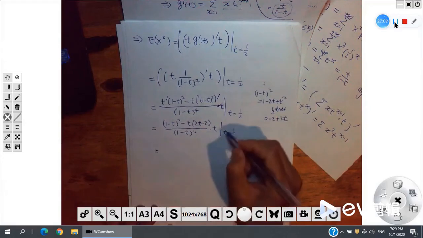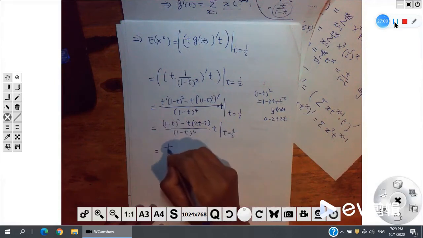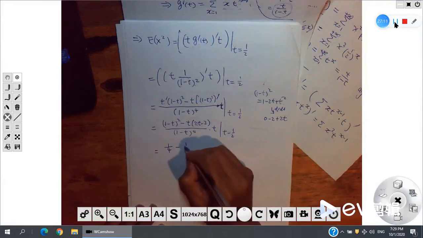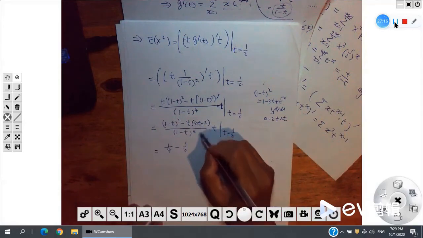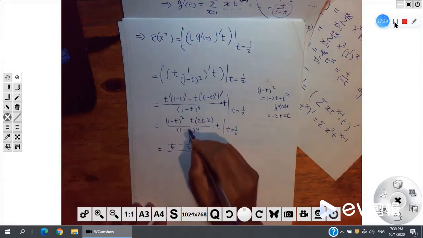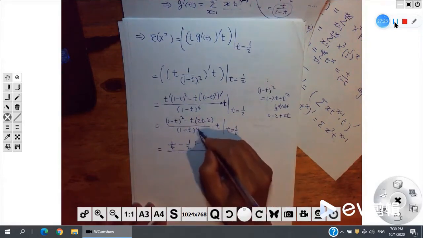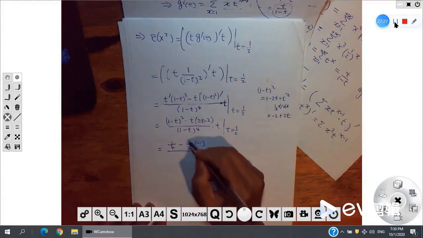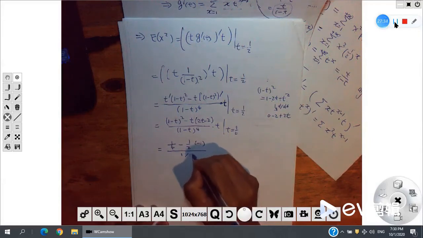Plugging in, 1 minus 1/2 is 1/2, and the square is 1/4, minus 1/2 times (2t minus 2). 2t is 1, so 1 minus 2 is minus 1. The denominator is a half to the 4th, which is 1 over 16.